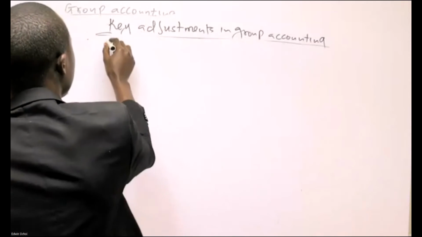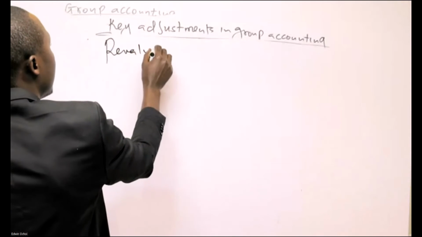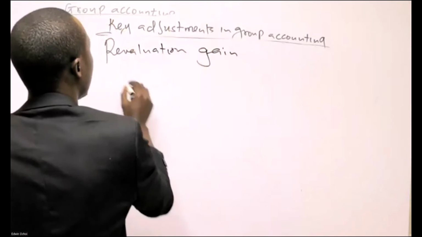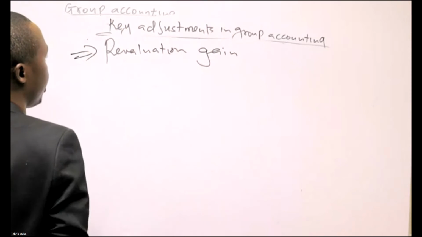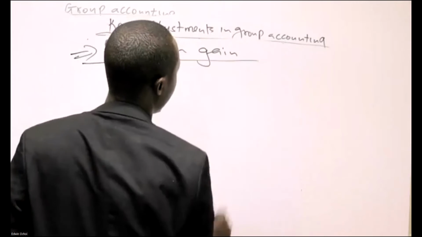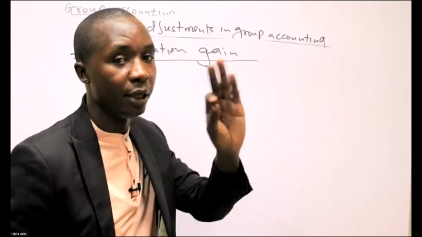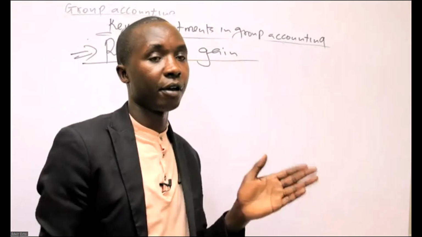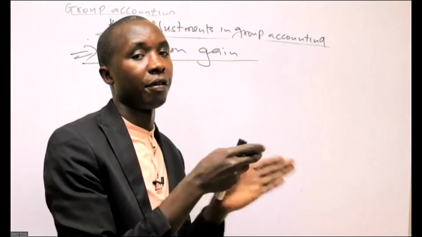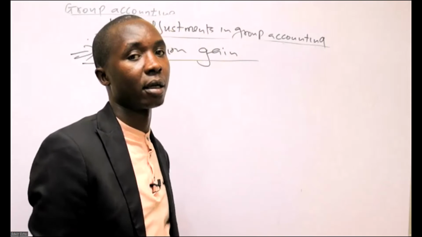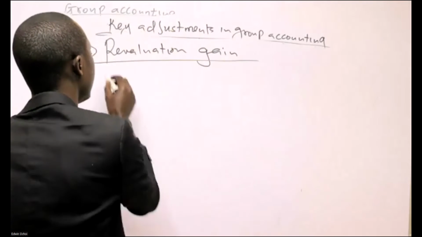So the next adjustment is concerning revaluation gain. So what is revaluation? Revaluation, we always say, is the difference between the fair value of an asset, where the fair value is the same as the market value, and its carrying amount.